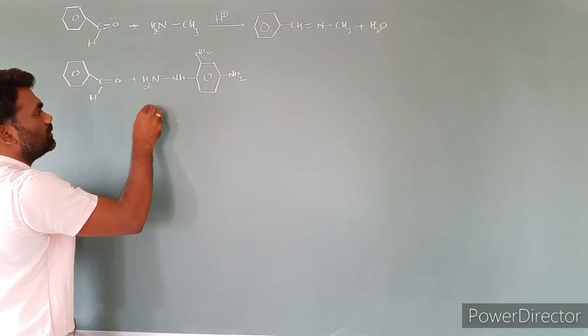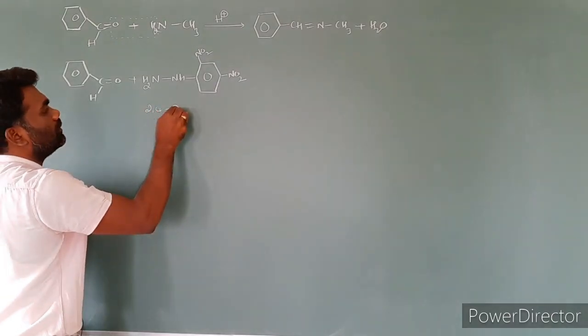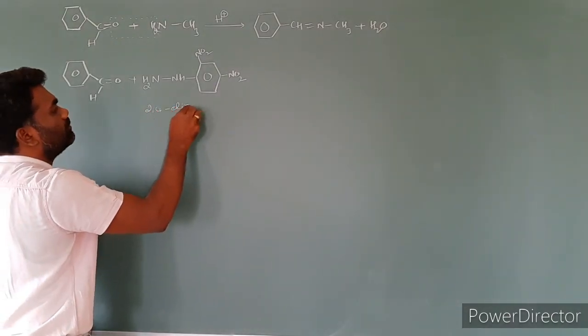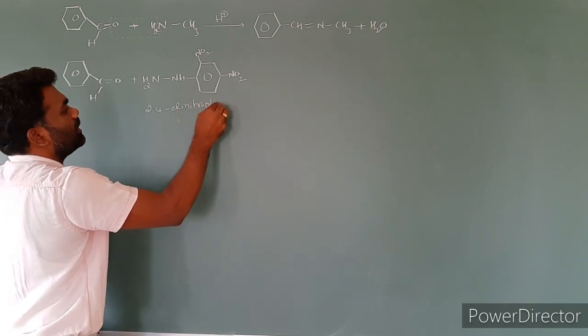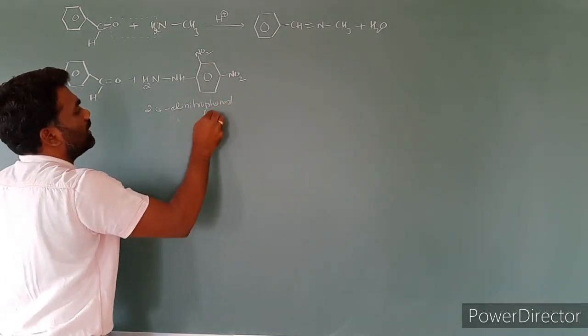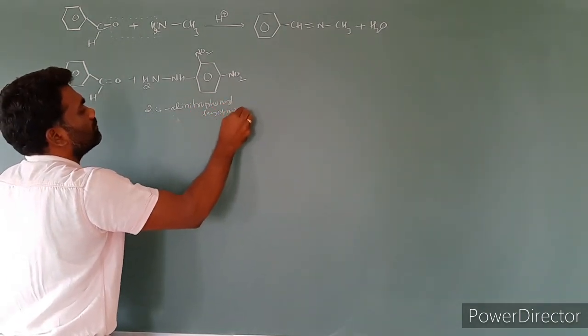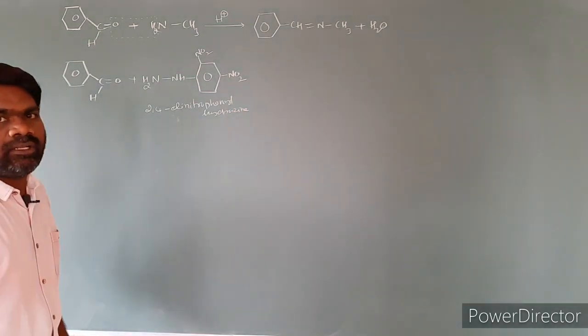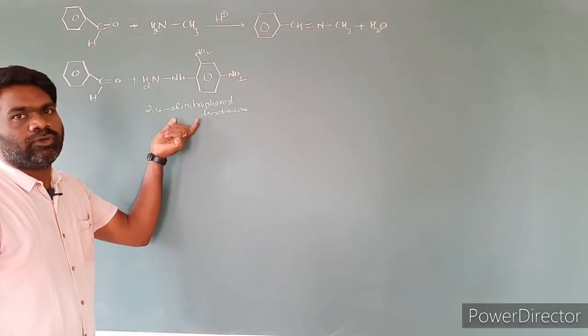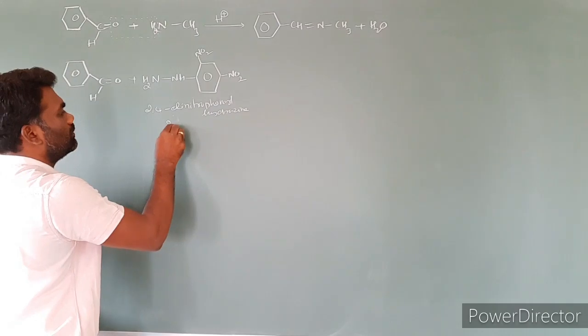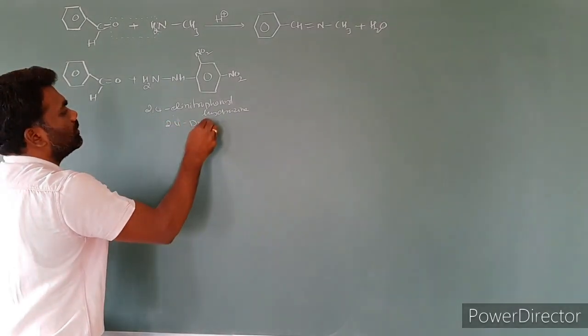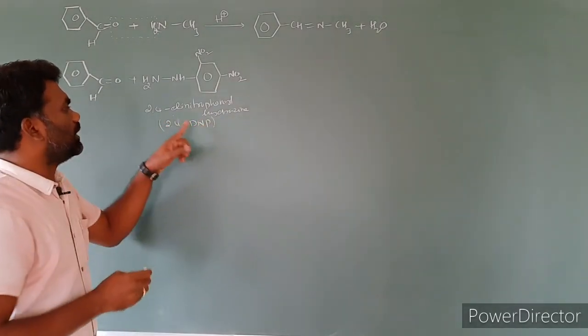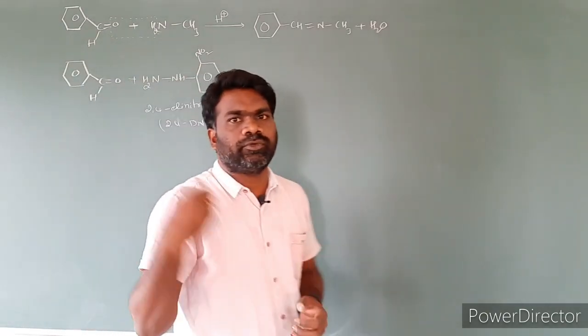This is called 2,4-dinitrophenylhydrazine. We simply call it 2,4-DNP.